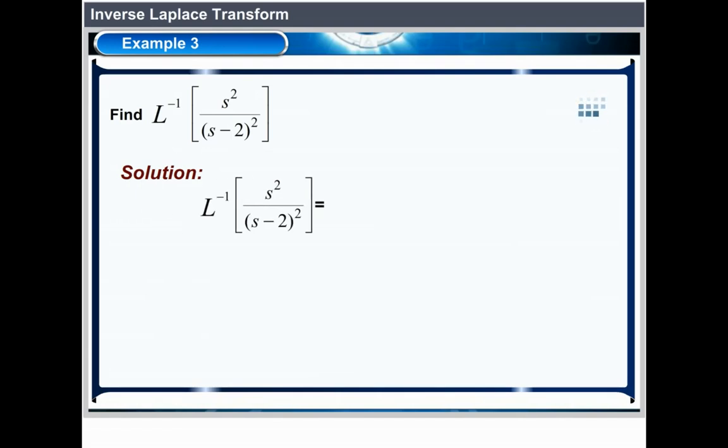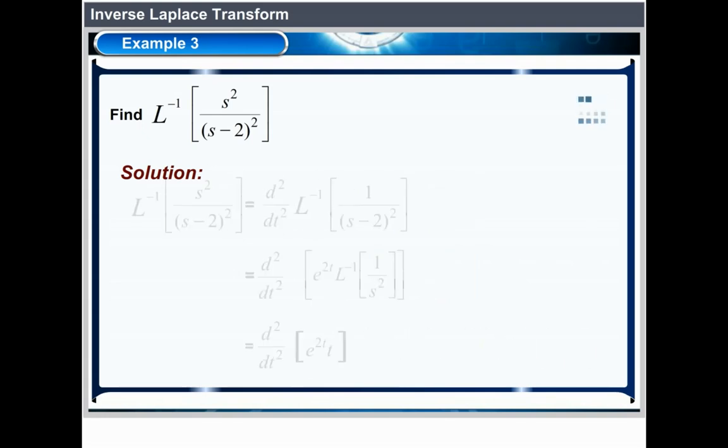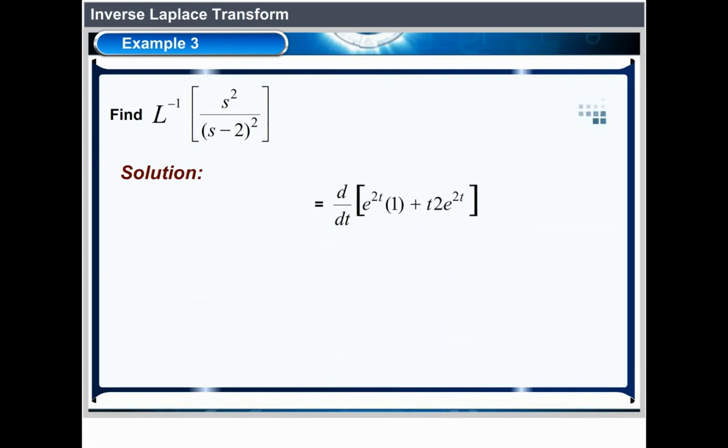L inverse of s square divided by (s minus 2) the whole square equals d square divided by dt square into L inverse of 1 divided by (s minus 2) the whole square equals d square divided by dt square into e power 2t into L inverse of 1 by s square equals d square by dt square into e power 2t into t equals d by dt into e power 2t into 1 plus t into 2 into e power 2t equals d by dt into e power 2t into 1 plus 2t.